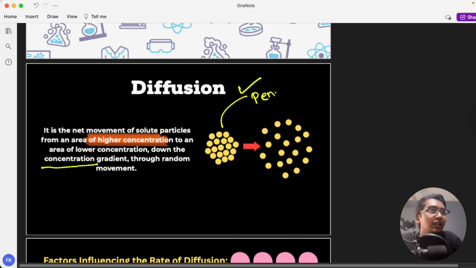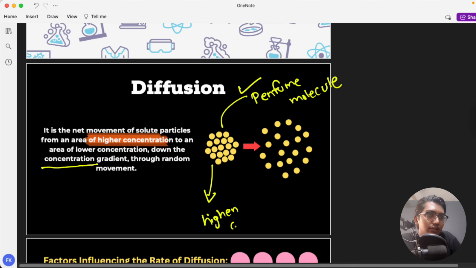Suppose these are perfume molecules. Okay, so you can see the perfume molecules. They are in higher concentration, right? As they are in higher concentration, these molecules don't stay in the same place.